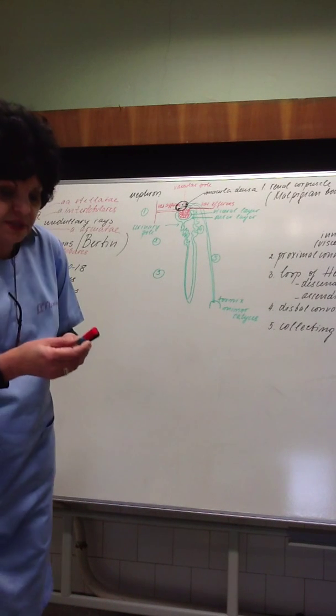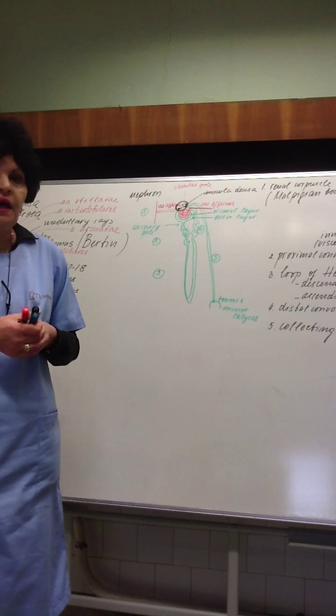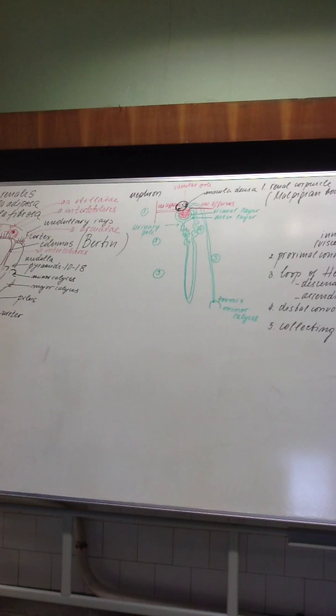Did you pass the urinary system during physiology? Yes. Do you know the role of renin? Renin acts on angiotensinogen. It converts angiotensinogen to angiotensin 1 and then 2 and then aldosterone.